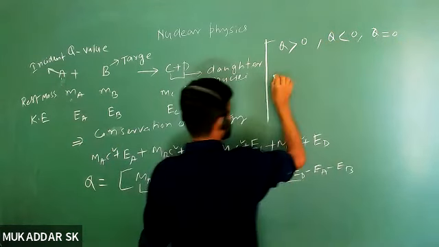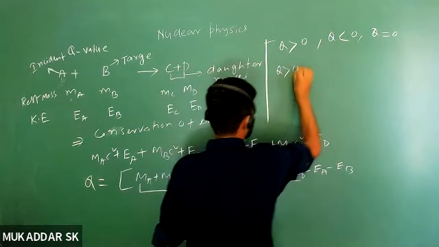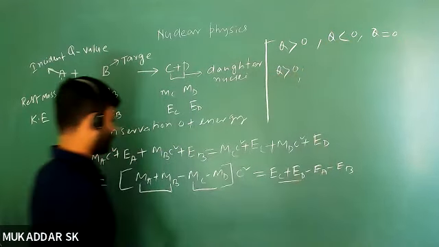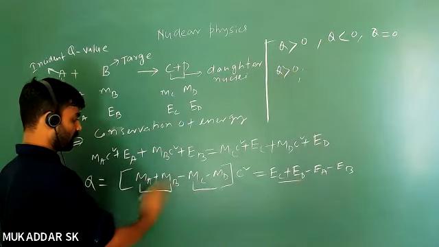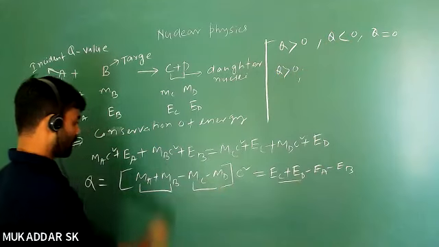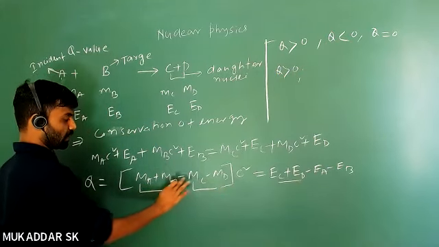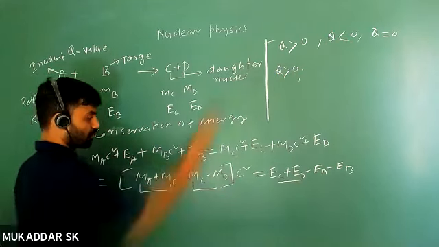Okay. So if Q is greater than 0, then what you can say from this mass term, it means this difference should be greater than 0, right? So Ma plus Mb minus Mc minus Md should be greater than 0.